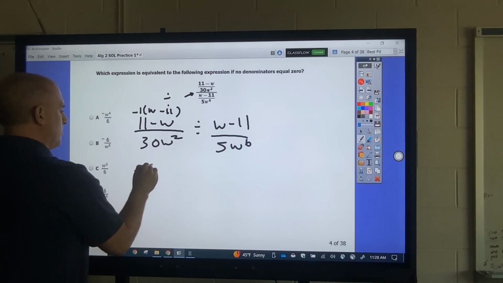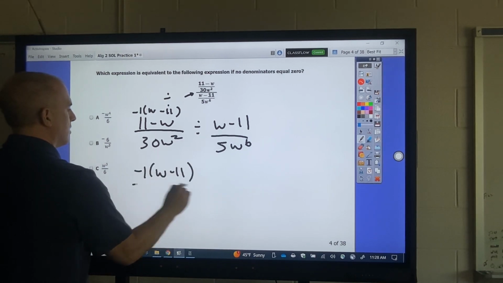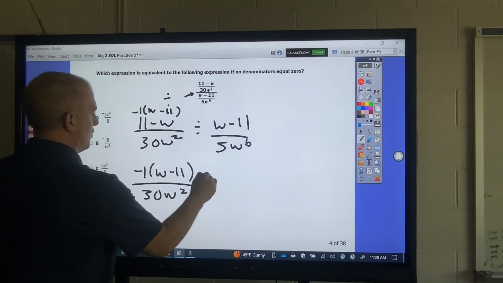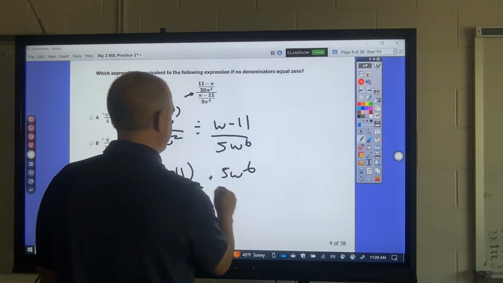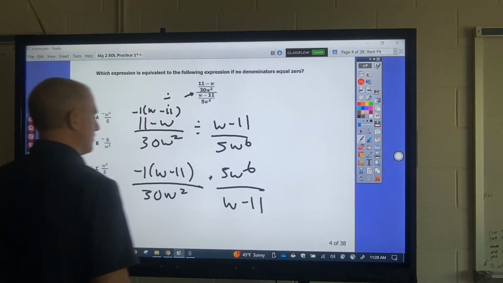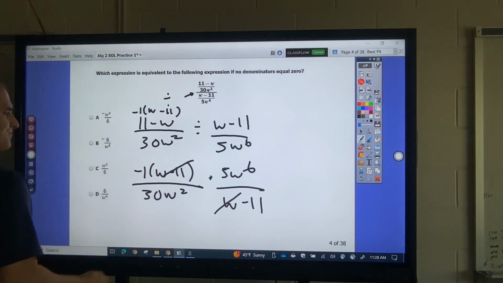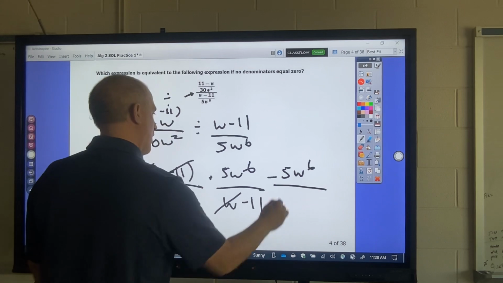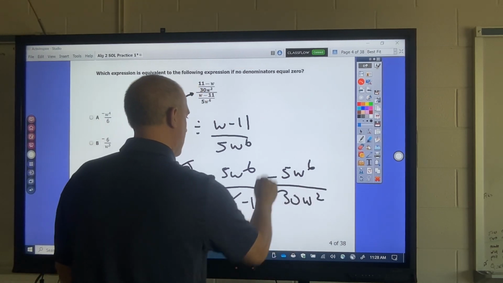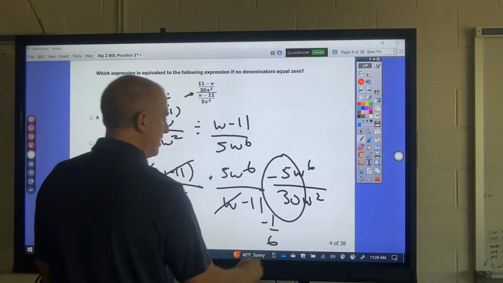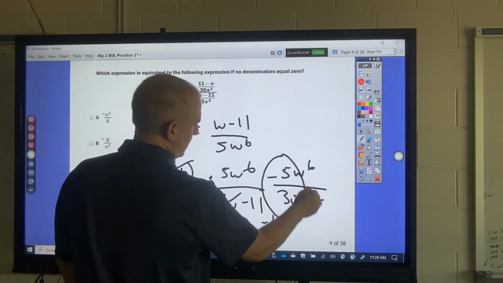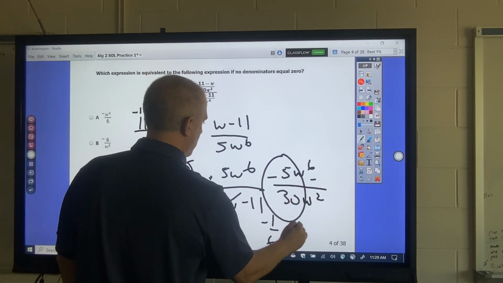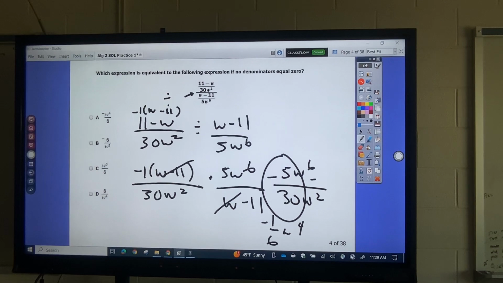I would do keep, change to multiplication, flip. So what would happen here is this would go away. That would be -5 w to the 6 over 30 w squared. If I divide that, I get -1/6. w to the 6 minus 2 would be w to the 4. All right, so that's -1/6 w to the 4, which would be that.